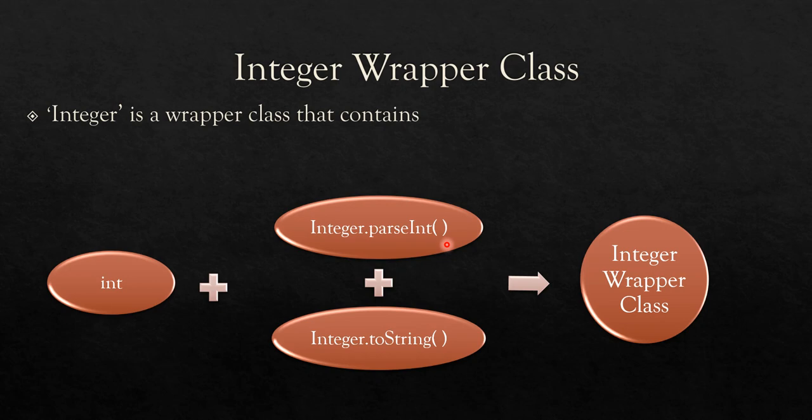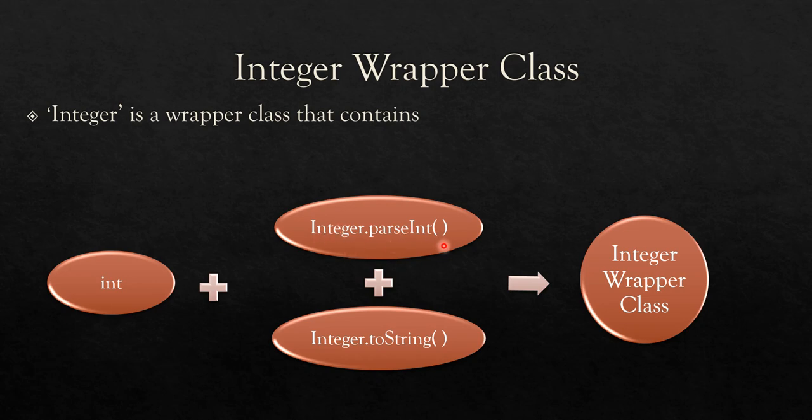Normally in Java, data is accepted as strings. If you accept a number as a string, you cannot do any calculation. So you have to convert the string into an integer, and that can be done through this method.